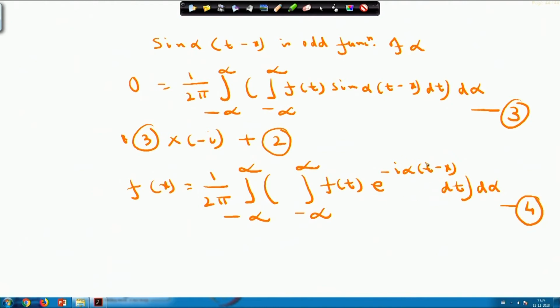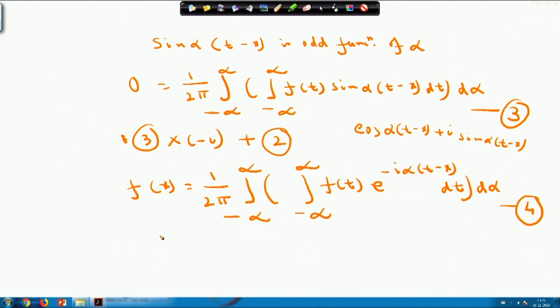This e power minus I alpha into (t minus x) I am getting from cos of alpha into (t minus x) plus I into sine of alpha into (t minus x), and by representing this we get this one.